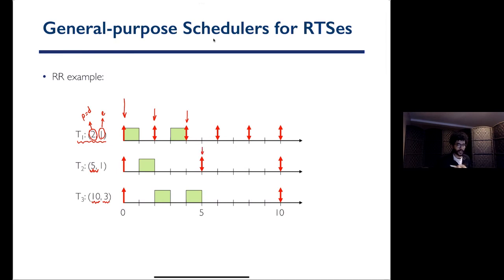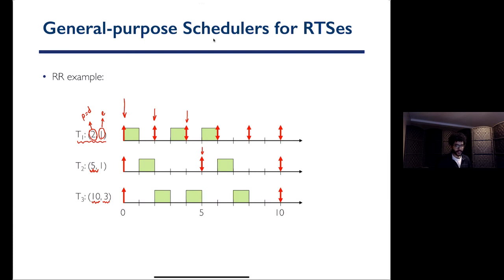So T1 is at the head of the queue, and then T2. Now that I'm done with this run of T3, I put T3 at the back of the queue. I'm going to execute T1, then run T2, and finally come back and run T3.